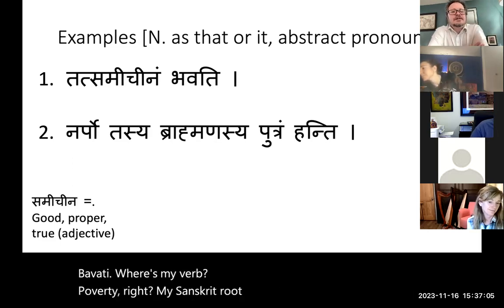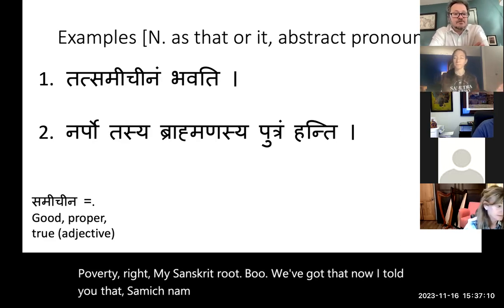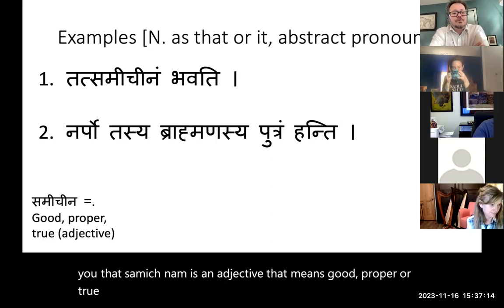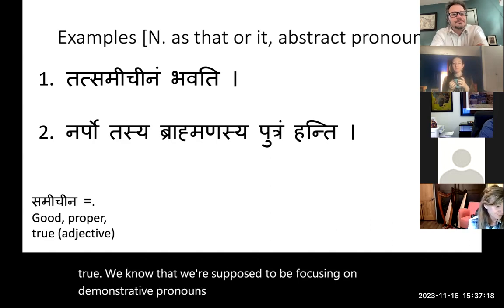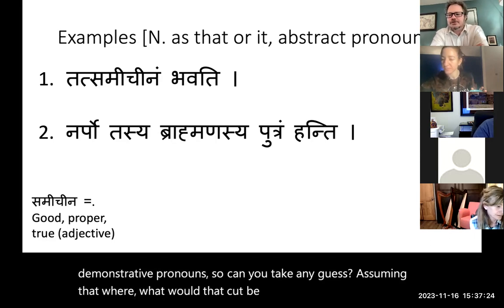We've got that. Now, I told you that samichinam is an adjective that means good, proper, or true. We know that we're supposed to be focusing on demonstrative pronouns. So, can you take any guess, from the paradigms we just looked at, what that tat would be?